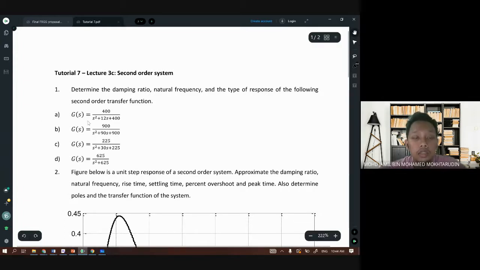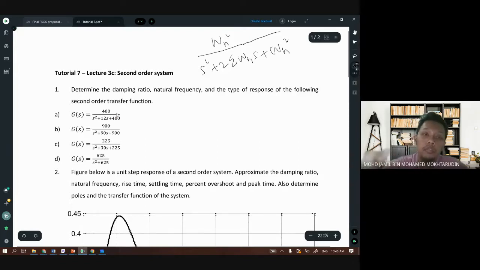Okay, question A. So we go back with the general form formula. It's omega n squared divided by s squared plus 2 times damping ratio omega n s plus omega n squared. Okay, so the first one, omega n squared equals 400. So omega n equals 20.